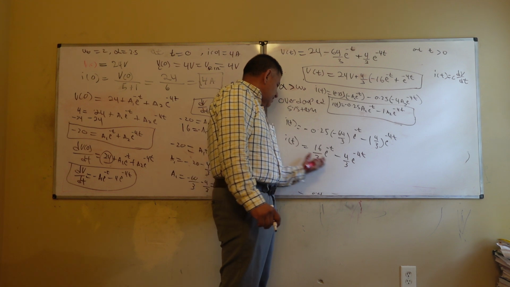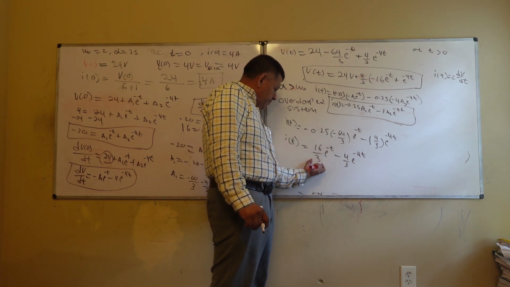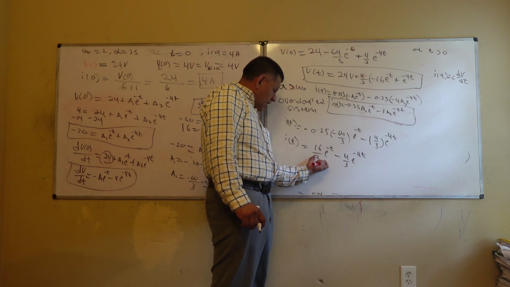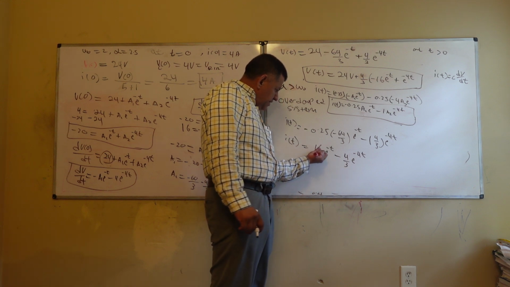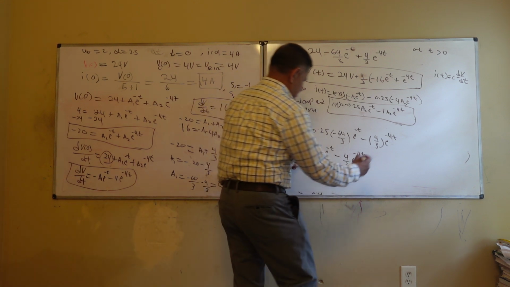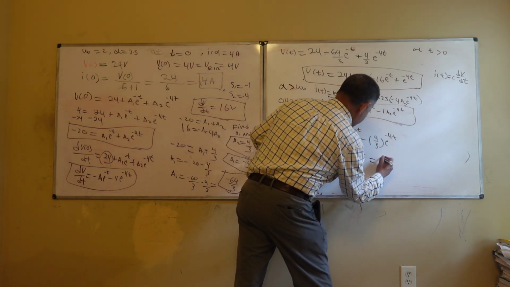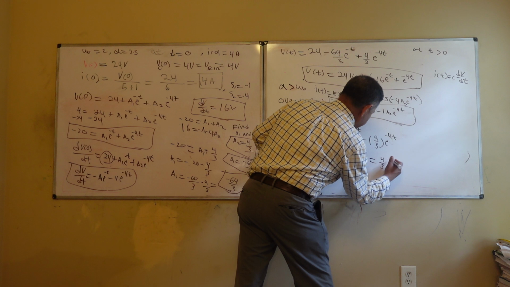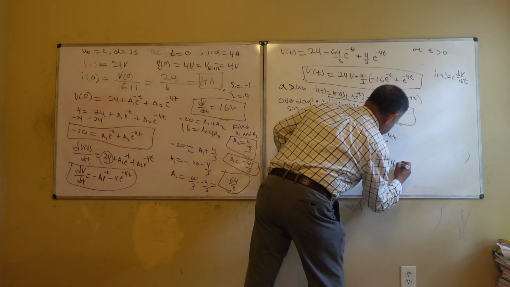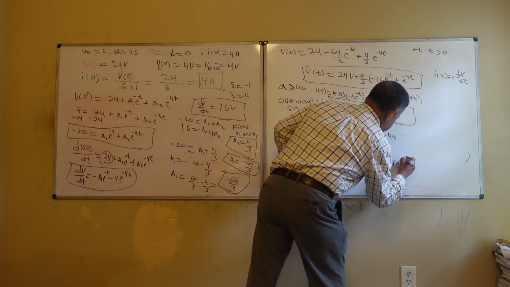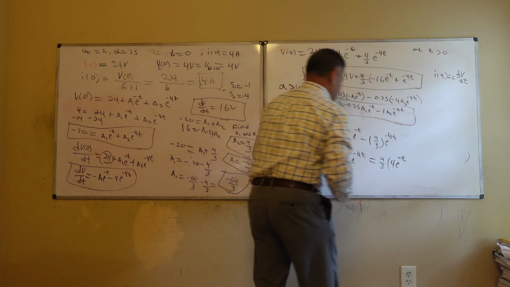Notice that I can factor out right here, right? I can factor out this guy right here. I can factor out 1/4, and that leaves me with 4 inside. So it's going to be equal to 4 thirds, right? And inside is going to be 4 e to the t, right?